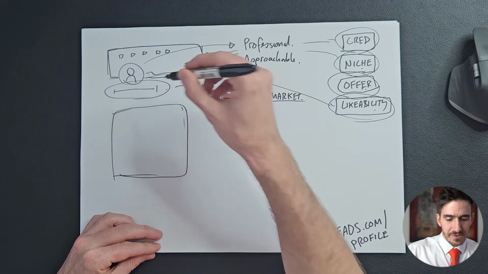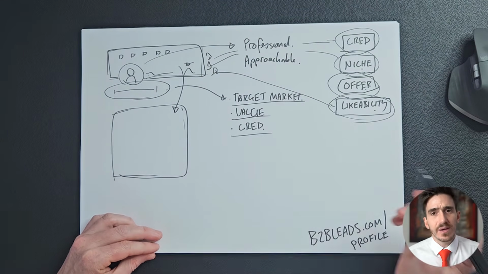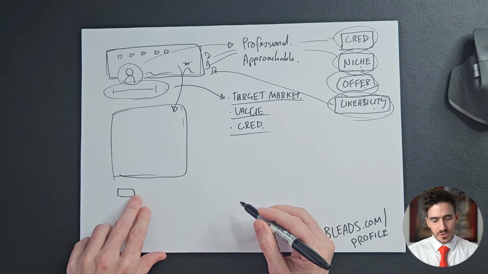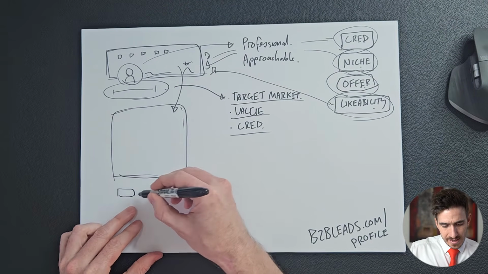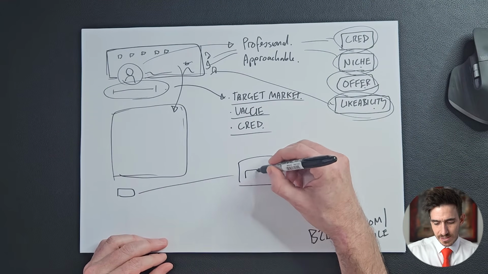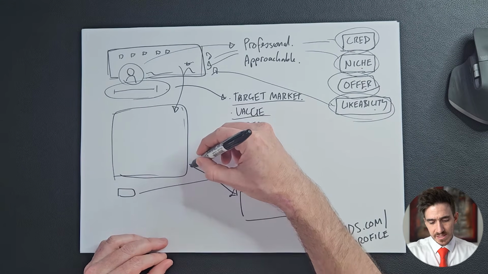Now, assuming you got that right, people are actually going to have a look at your profile and want to learn more. There should most likely be a link somewhere to your company page as well. And your company page is pretty much the same as your profile. It has an image, it has a logo, and it has a little bit of an about blurb. This more or less is the same.